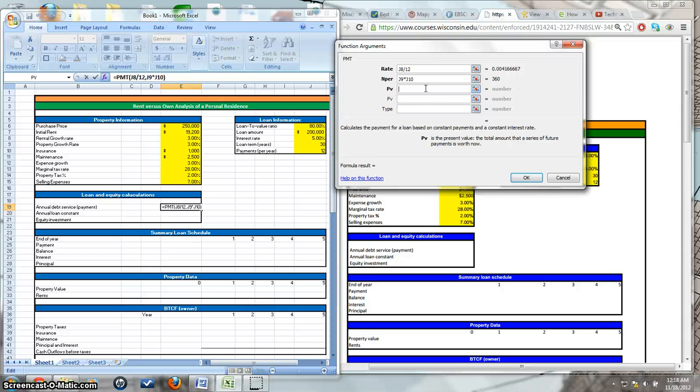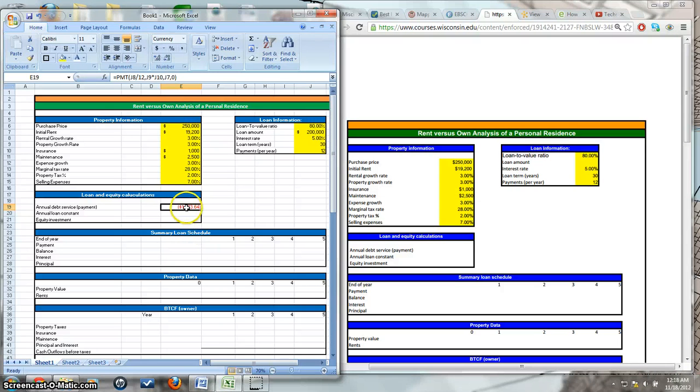The present value is going to be the loan amount. And if you want to enter the future value, simple enough, 0. Now hit OK. We're going to get a negative value here. Now that's going to be the annual debt service payment divided by 12.